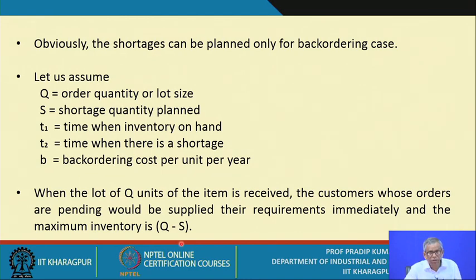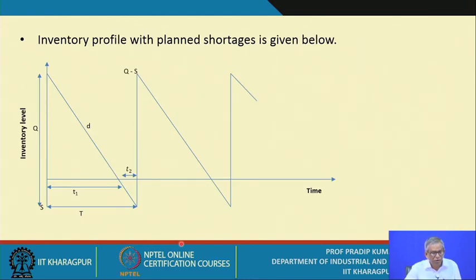So this is the point we are trying to highlight. So how does your inventory profile look? With planned shortages, the inventory profile looks like this. At time t equals 0 here, you get an amount of item Q, and this is the shortage amount. This part is the positive one, this is the negative one.